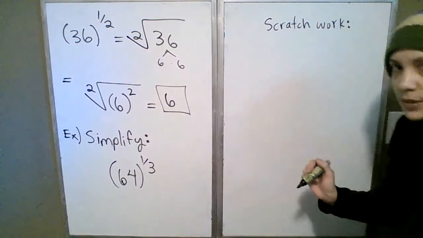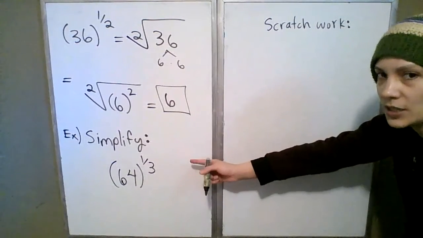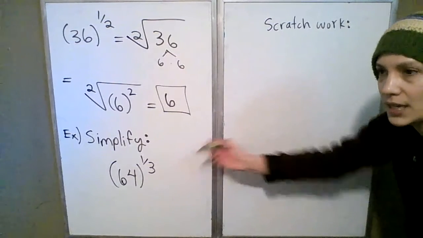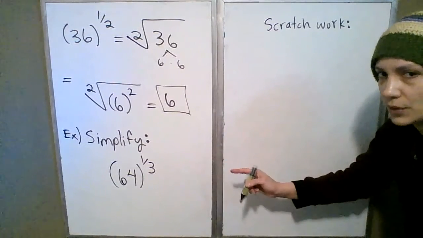Okay, so this is how I would do the problem. I would usually want to change that fraction that's my power into a root. So I want a cubed root of 64.